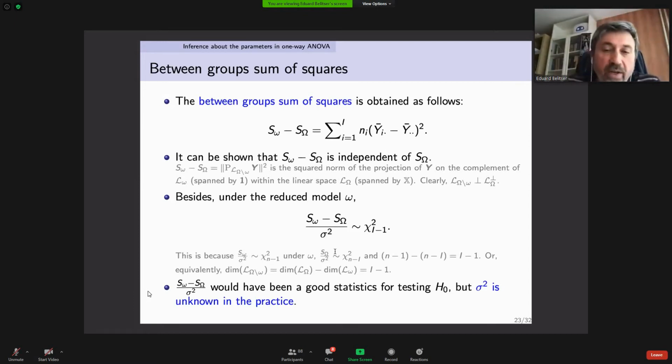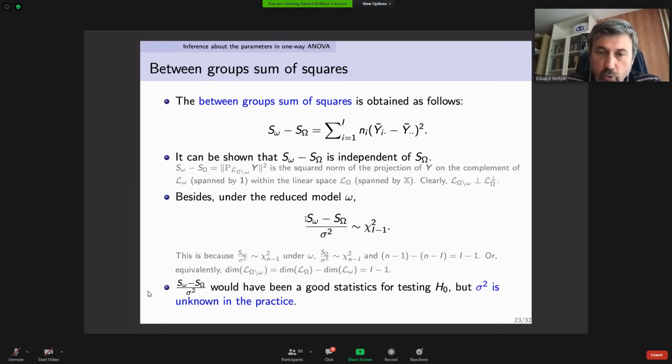Now, in principle, that already gives us a lot. You see, we could have used this as a statistic for testing whether the null hypothesis holds or not. Is there a factor there? Sorry, factor there means null hypothesis rejected. So this is no factor, and this is factor.